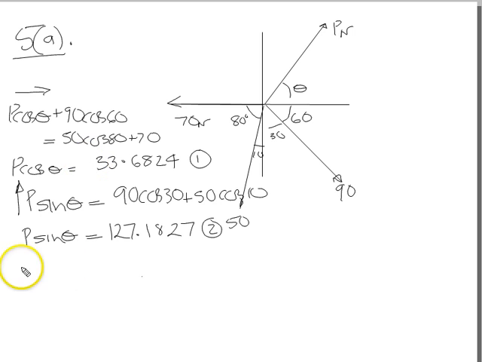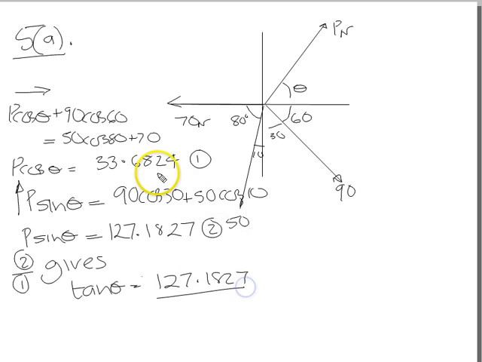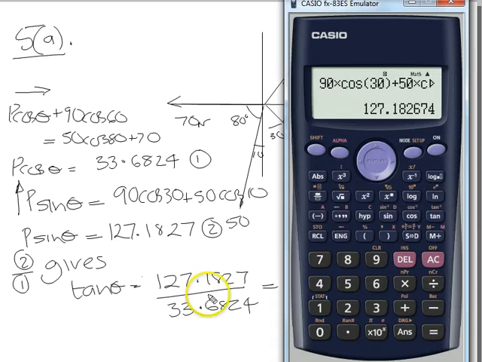So if I divide one by the other, so 2 divided by 1, the P's will cancel and I'll have sine over cos, which will give tan. So we'll have tan theta is equal to 127.1827 divided by 33.6824. Let's type that in a calculator then. 127.1827 divided by 33.6824 equals 3.7759.